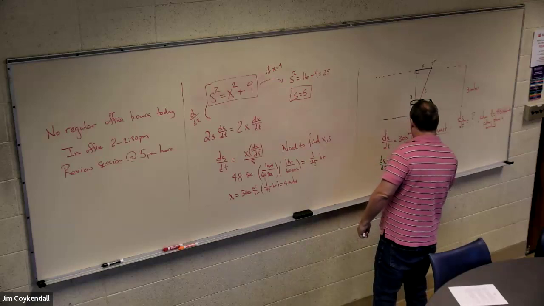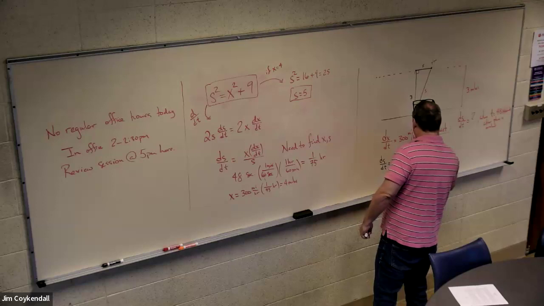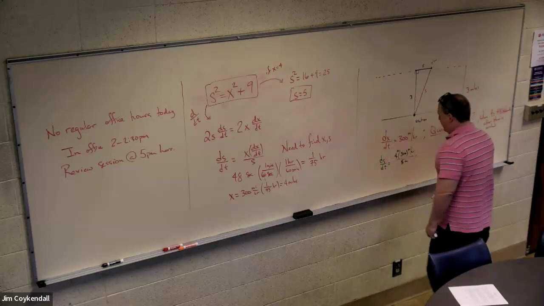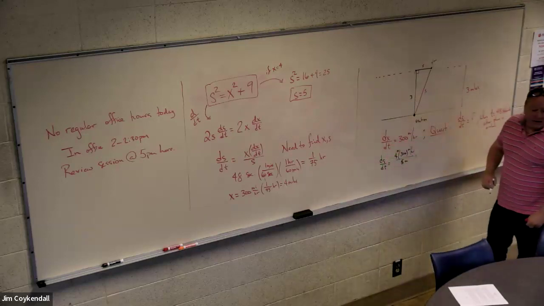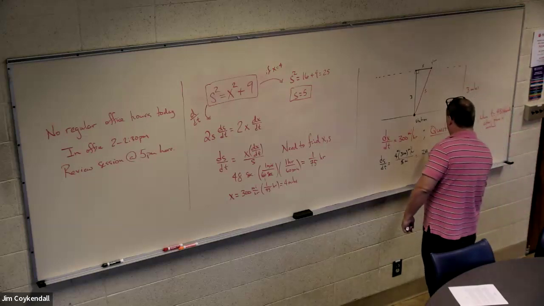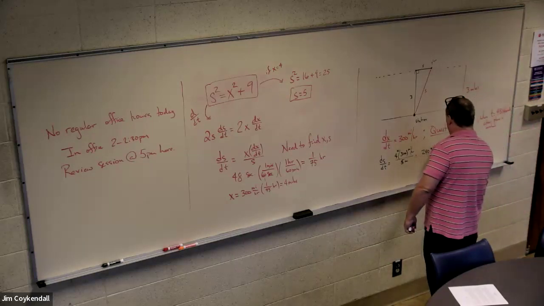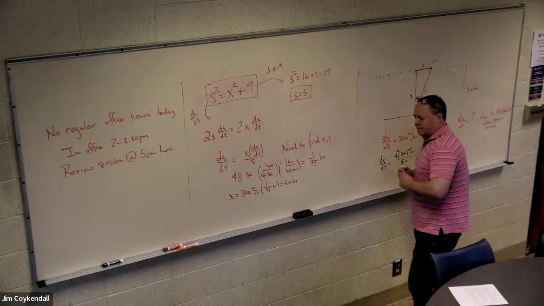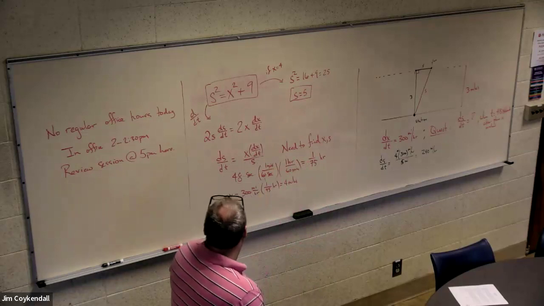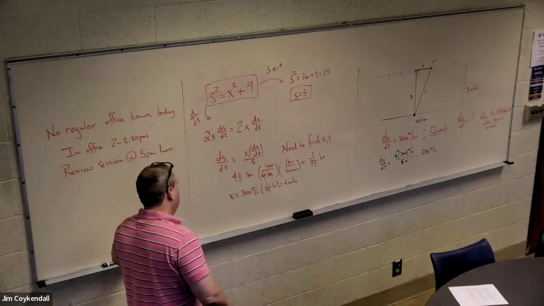The X which is 300 miles per hour. And S is 5. So basically it boils down to 4/5 of 300 miles an hour, 200. Okay, any questions?